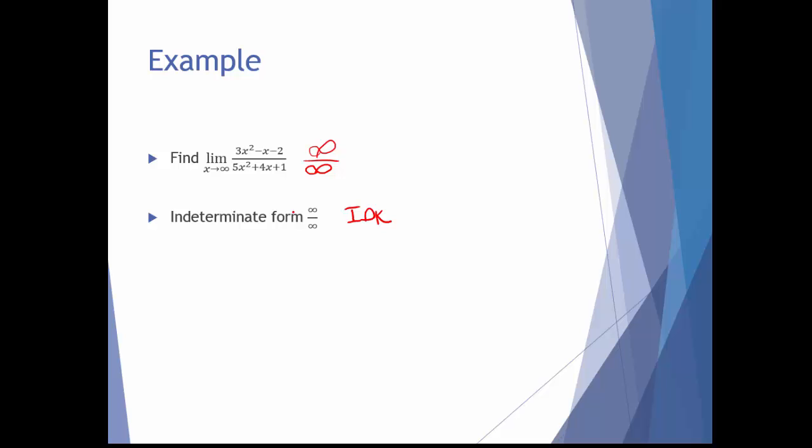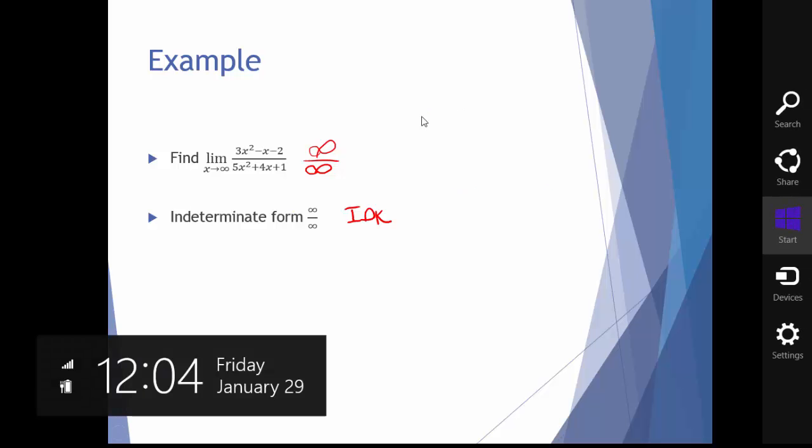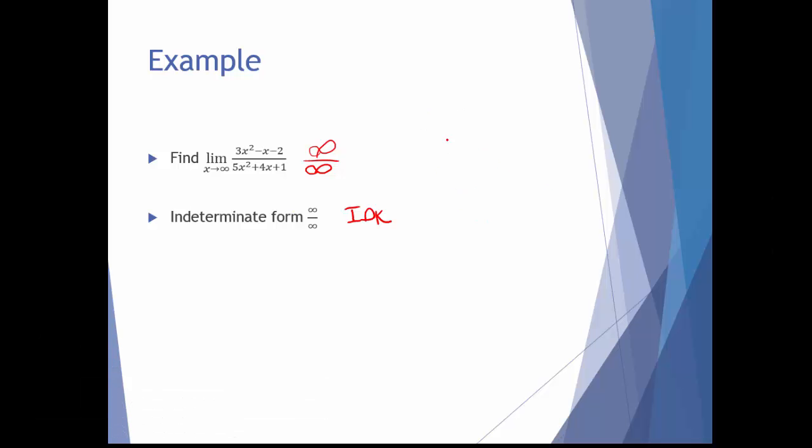We're going to need to make it look different than it currently looks before we're going to be able to determine the result of taking the limit as x approaches infinity. So, we've done this before. I mean, when we looked at things like the limit as x approached 1 of (x squared minus 1) over (x minus 1), this was not something you could directly substitute 1 into as is until you rewrote it.